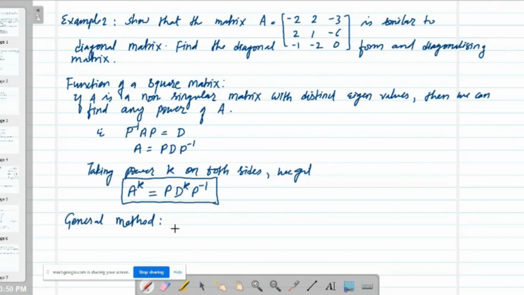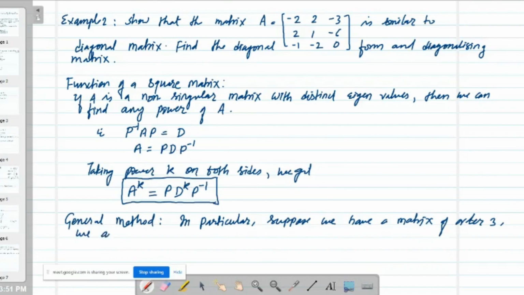Suppose we have a matrix of order 3. मतलब हमारे पास 3x3 मैट्रिक्स का है. Then what?